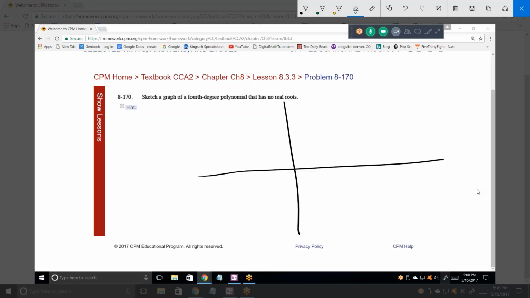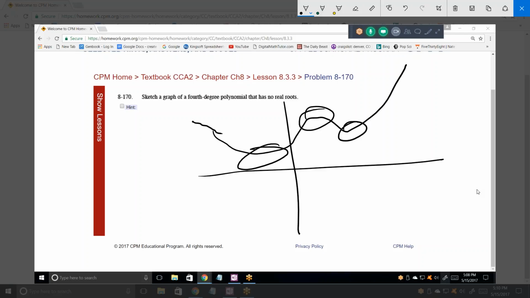Since this is a 4th degree polynomial, I can have 3 little bumps in it. So there's my 3. There's 1, there's 2, there's 3. I do not cross the x-axis, so there's the answer. There is a graph that has no real roots, and it looks like it could be a 4th degree polynomial.